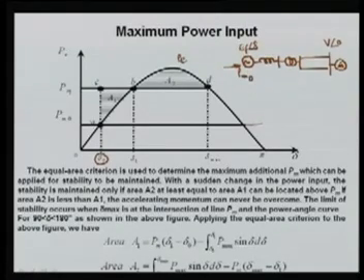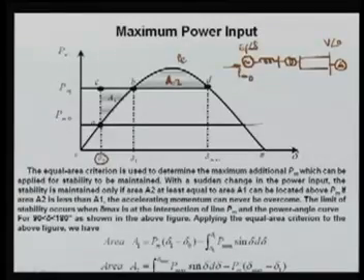With the sudden change in power input, the stability is maintained only if area A2 is at least equal to area A1. This area may be larger, but it should not be less. If A2 is less than A1, then your system is not stable.